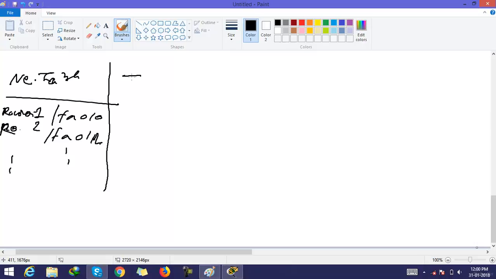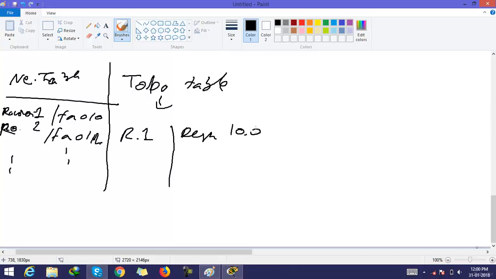Now if we come to the topology table, it looks like this. The router 1 and the destination is 10.0.0.0. This is the destination address. Then it is successor, for example, or feasible successor.